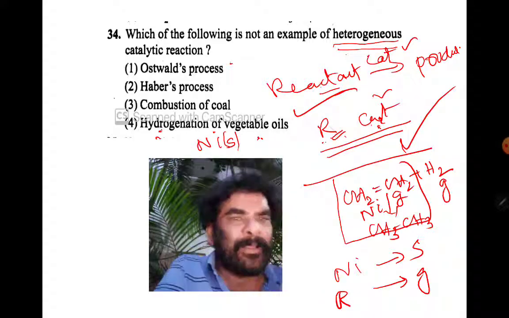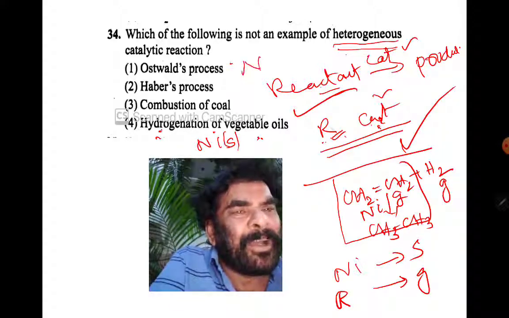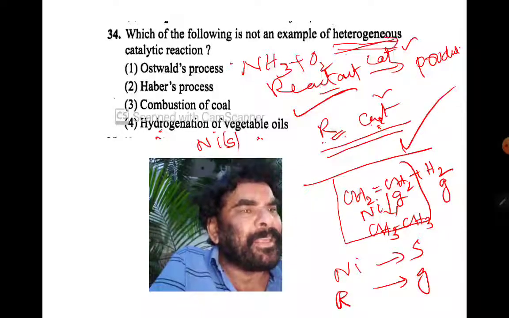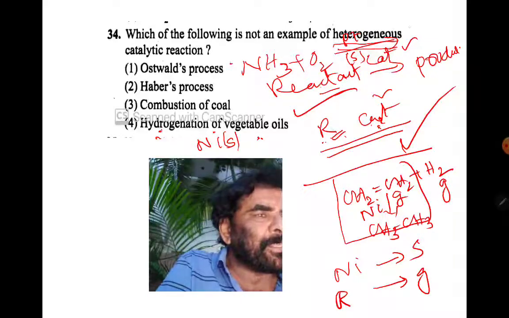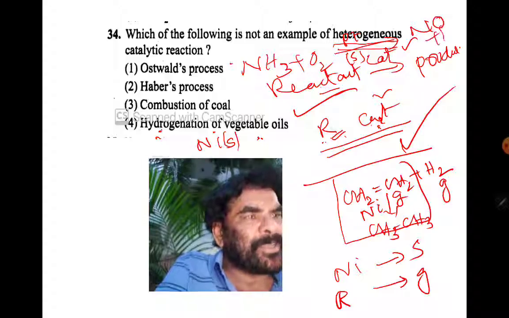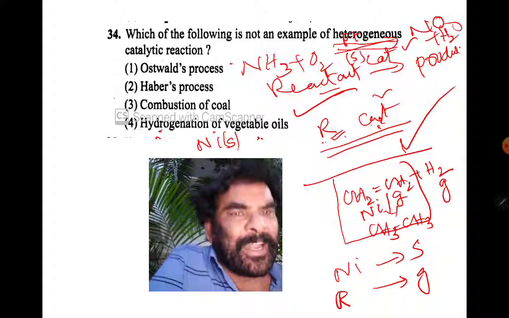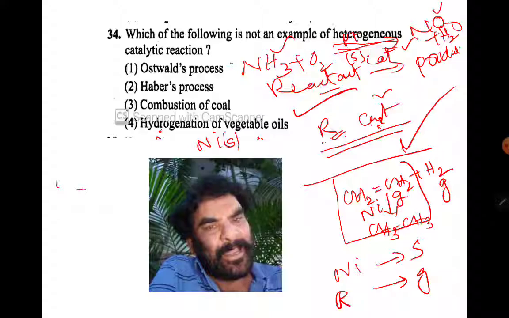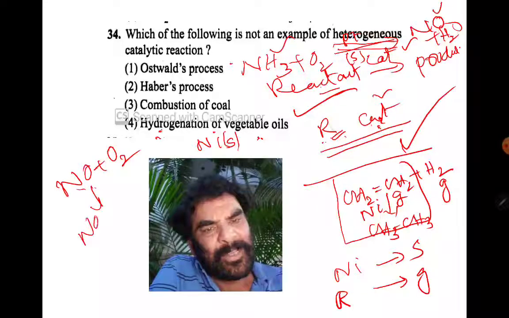This is the Ostwald process: ammonia oxidation. Ammonia with oxygen gives NO plus H2O, with a platinum-iridium solid catalyst. This is the Ostwald process meant for the preparation of nitric acid. Ammonia is first oxidized to nitric oxide. Nitric oxide further reacts with oxygen to give nitrogen dioxide.